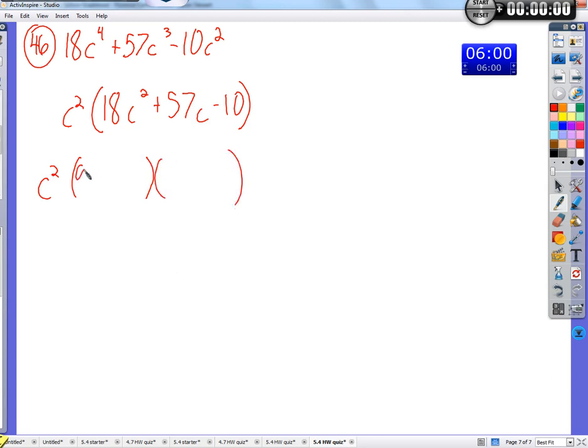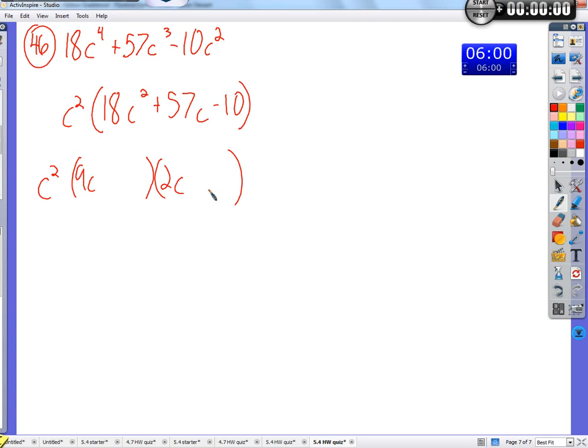Maybe a 9c and a 2c, because 9 times 2 is going to be 18. C times c is c squared. Then try guess and check the factors of 10 that might plug in here and work out, but then none of those might work. You might have to go to like 6 times 3 instead of 9 times 2, or 18 times 1. And it could be a long, long process.